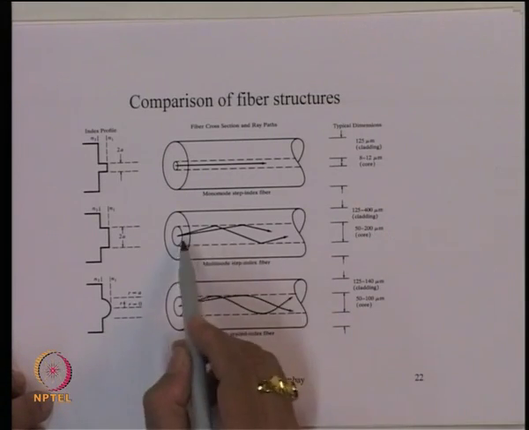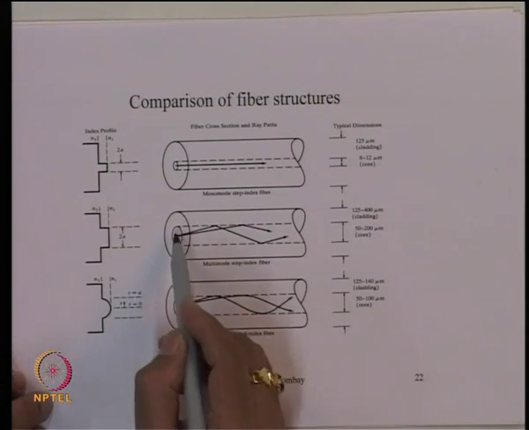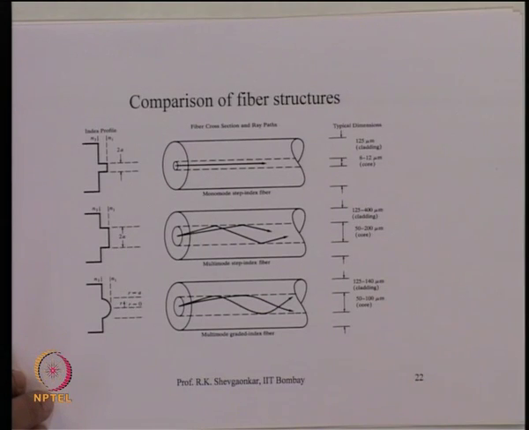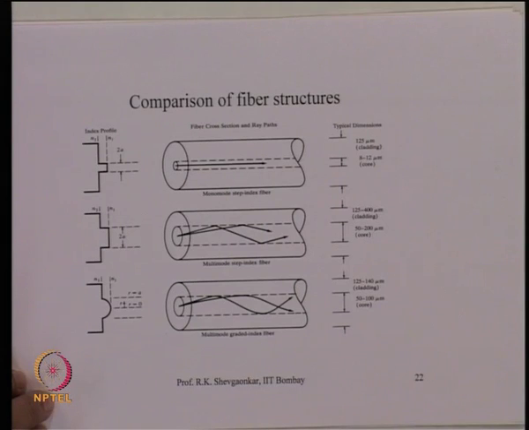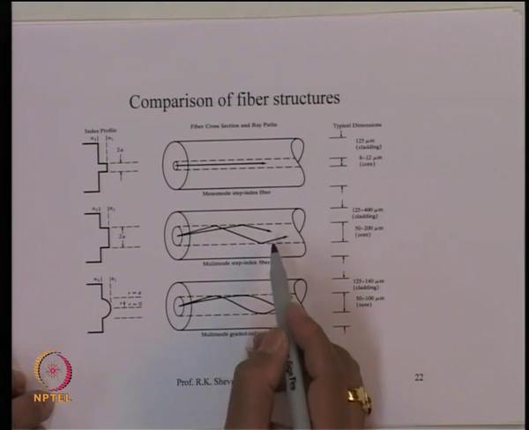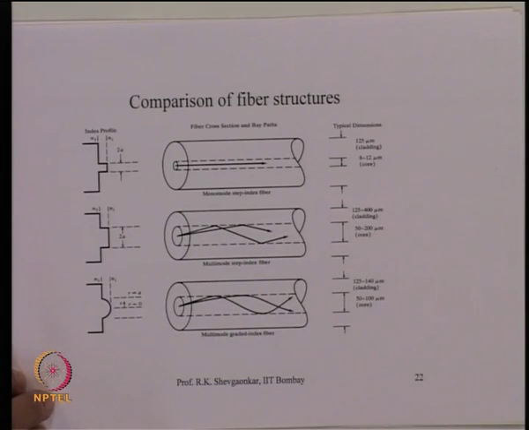This is the multimode optical fiber, where the core is 50 to 100 microns. The refractive index variation is a step, and it has the worst possible dispersion performance. In between these two is the graded index optical fiber, where the refractive index profile is close to parabolic, and this gives you a dispersion which is about 100 times better than this and 10 times worse than this.